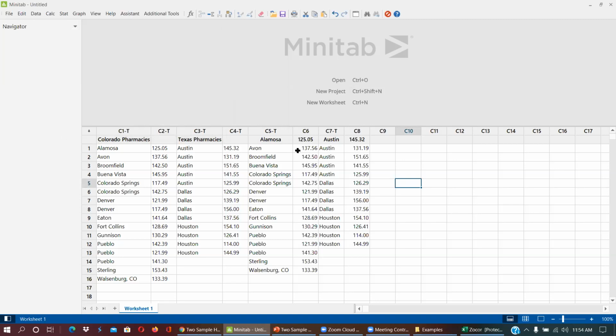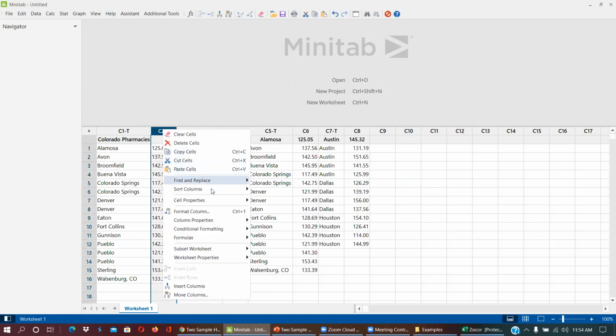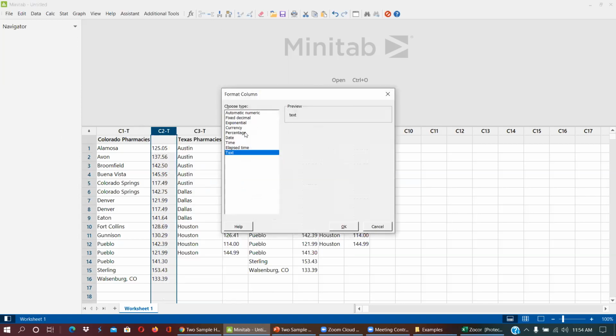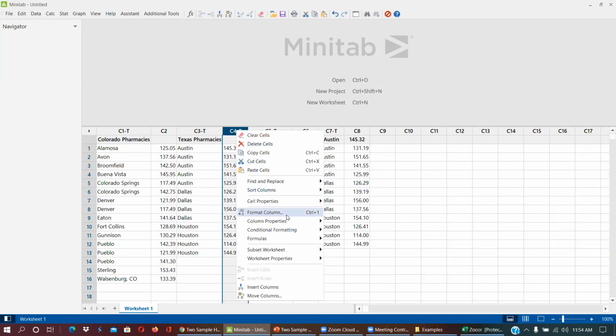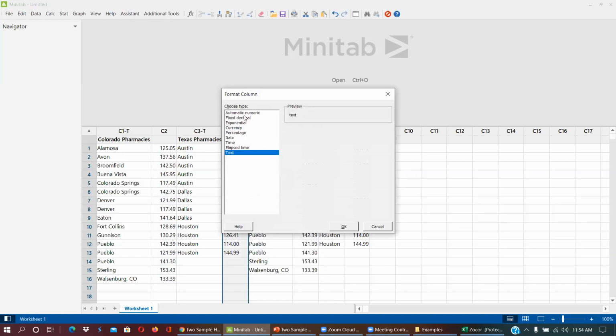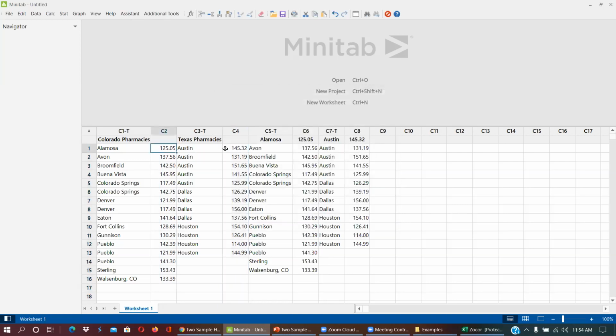So let me go to format cells, and this is just not text, this is just number. And this is also number, because it was text, and text is not analyzed using Minitab. So now we have numbers.